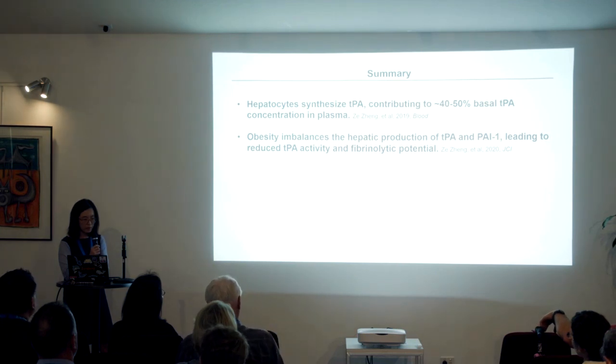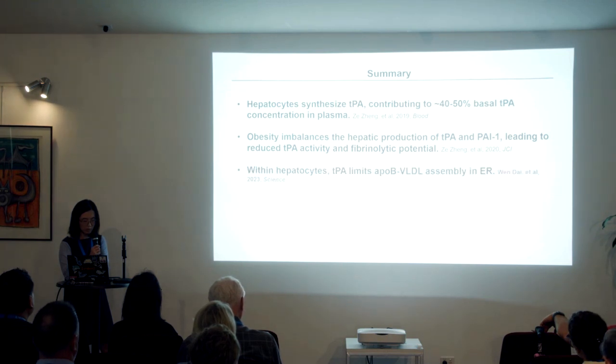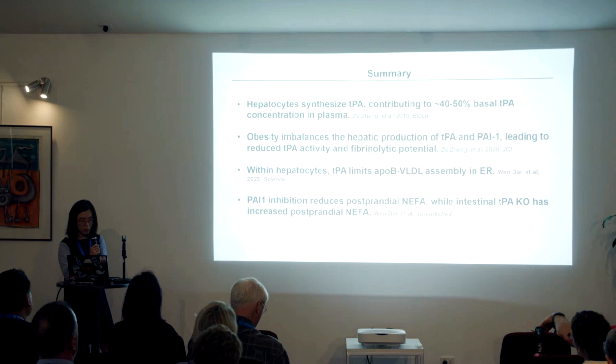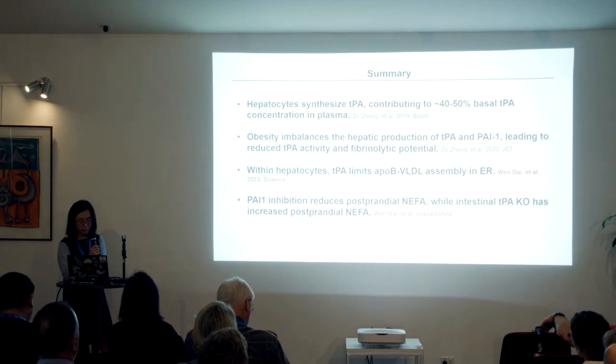In obesity, the liver has an imbalanced TPA and PAI-1 production, leading to reduced TPA activity and fibrinolysis. Within the hepatocyte, we found TPA can directly inhibit VLDL assembly in the ER, and PAI-1 inhibition can reduce the postprandial fatty acid levels in the plasma, while the intestinal TPA has the opposite role.